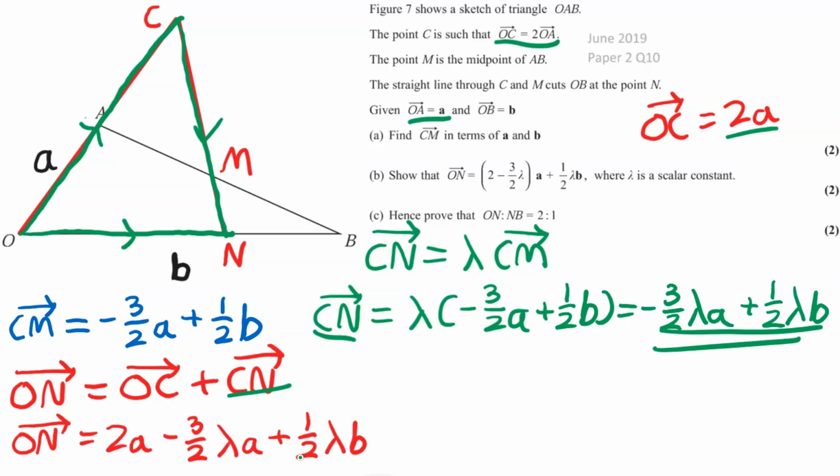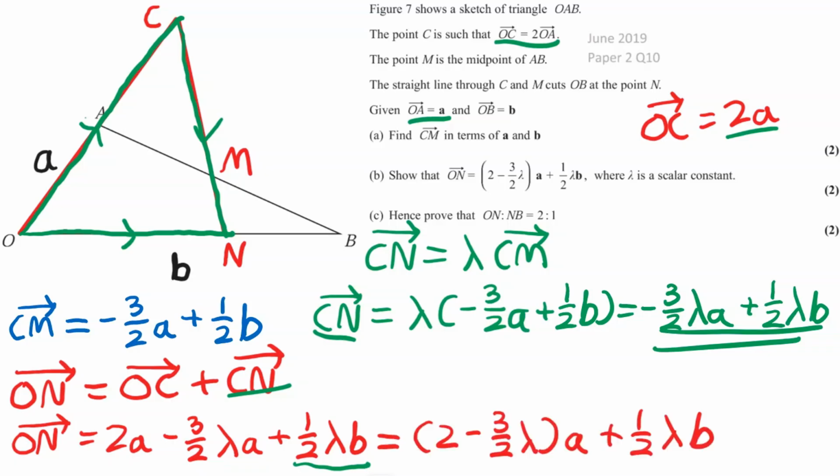Okay, now this half lambda b, there's no other b terms, so this is fine. This here, what we're going to do is factor out this a as it's present in both of these terms, so it's going to become 2 minus 3 over 2 lambda, a like this here, and this here is what they want as the answer. So ON is equal to this here.